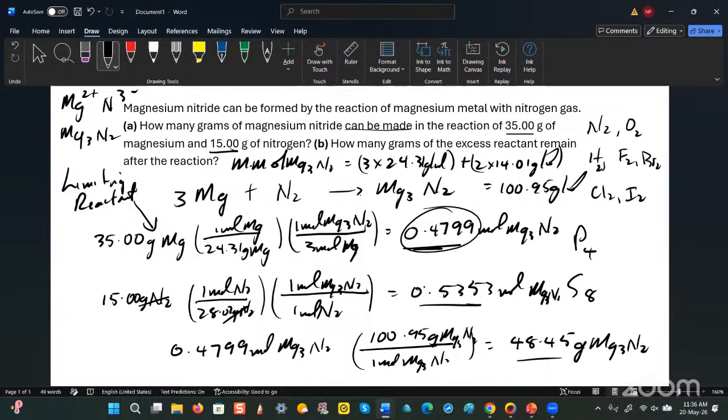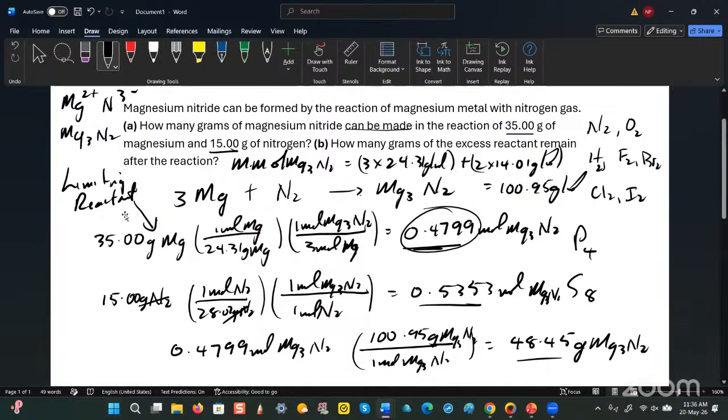You start with the limiting reactant, and based on it, determine how much of the other reactant would be used up. Then you subtract that from the original amount of the other reactant, and that gives you the amount of the excess reactant remaining.